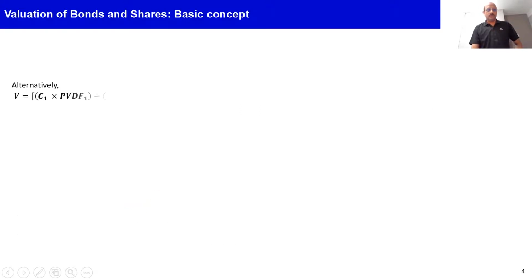Alternatively, we can put this formula in this fashion: V equals C1 times PVDF1. So the cash flow of year 1 is multiplied by the present value discounting factor of year 1, plus C2, the cash flow of year 2, multiplied by the present value discounting factor of year 2, and so on till the nth period.